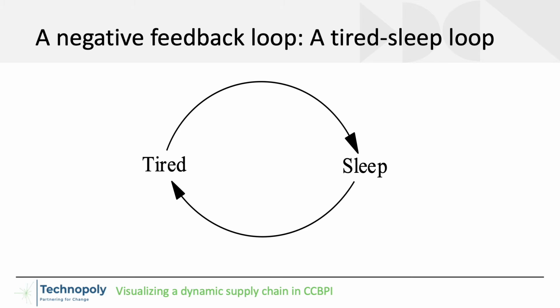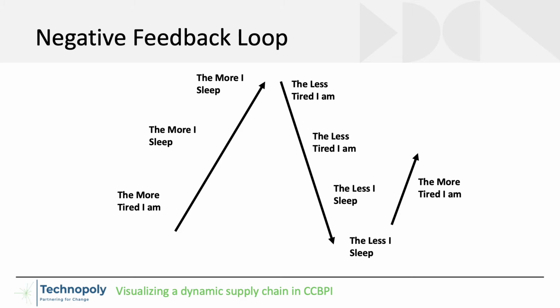Let's take the case of a negative feedback loop using what we call a tired sleep loop. In this example, we're going to describe the relationship of how we deal with being tired and sleeping. Let us begin with how tired we are. The more tired we are, the more you sleep, and the more you sleep, the less tired you become.